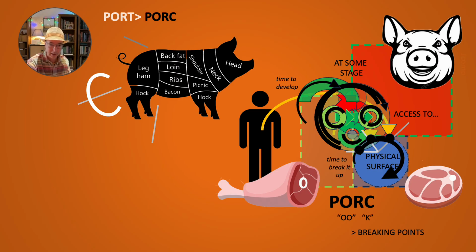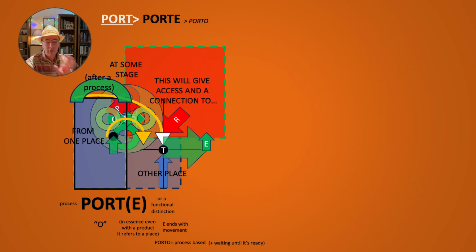PORTE is just a place. You also have not just port, you also have, of course, the French word porte, which means door, which I already showed you. It's so easy to go from a port to a door, and actually the French word for door is porte.